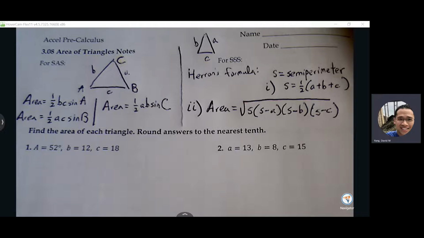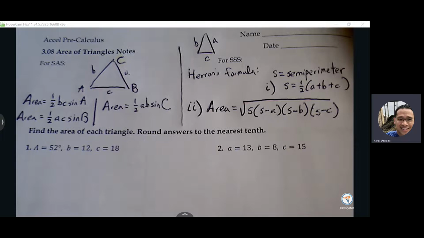Okay, so let's try number 1. Yes, question. Yeah, so I think it was like sine C in parentheses. I think in the calculator it starts a parenthesis for you, so I would go ahead and close it.